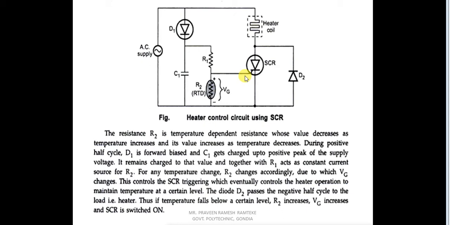This eventually controls the heater operation to maintain the temperature at a certain level, and the temperature is sensed by this RTD. Means as the temperature decreases, the SCR will be triggered and the heater will turn on.